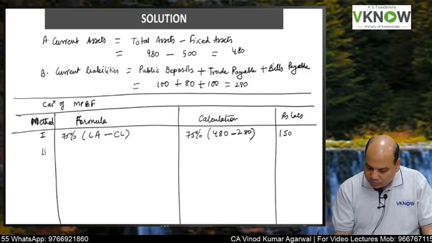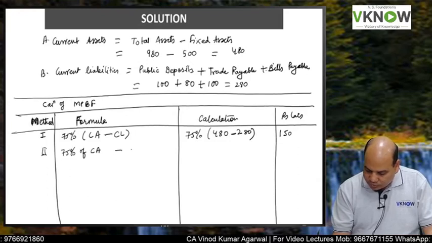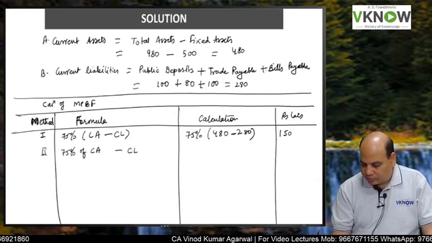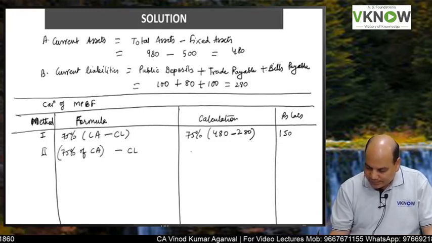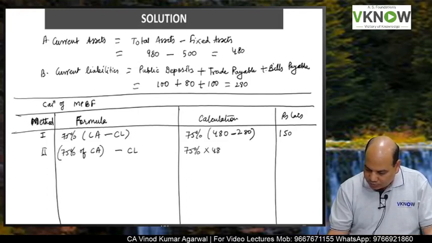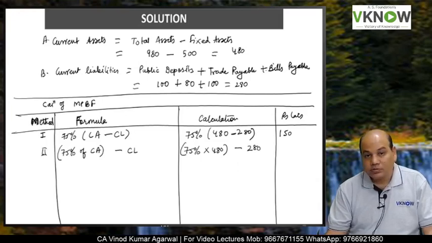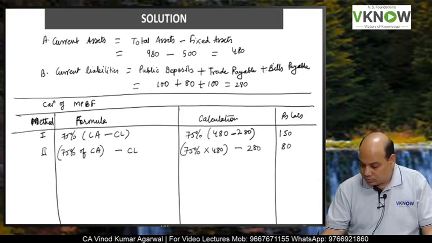One line blank. Method 2: 75% of current asset minus current liability. 25% of 480 minus 280. How much? 80.